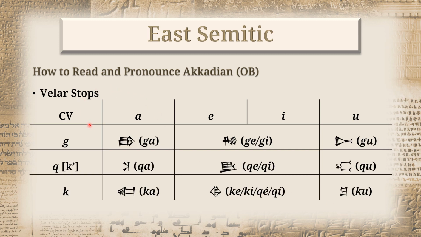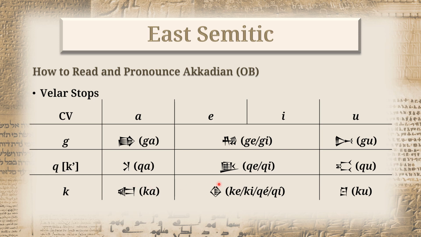Velar stops. So we have the voiced g, the emphatic q, and the voiceless k. So ga, ge or gi, gu. Ka, ke or ki, ku.